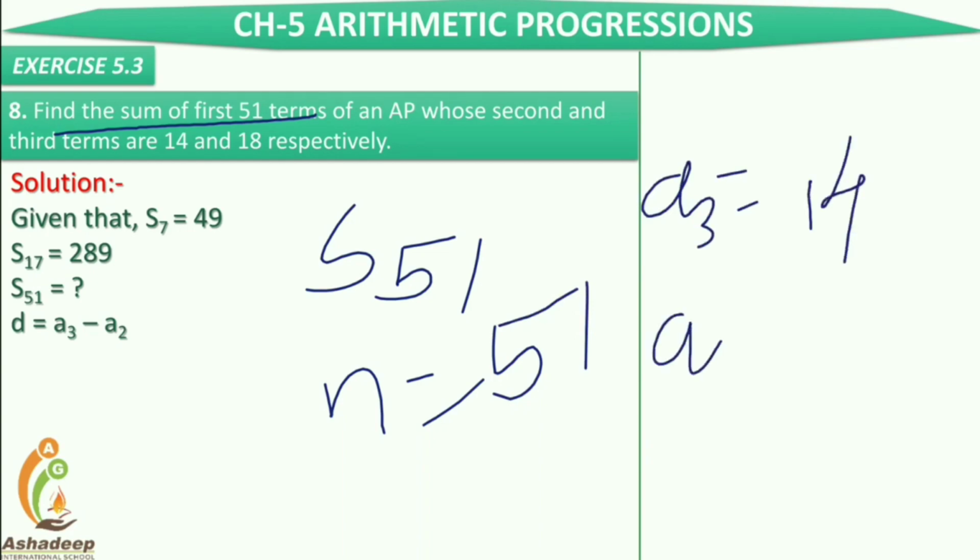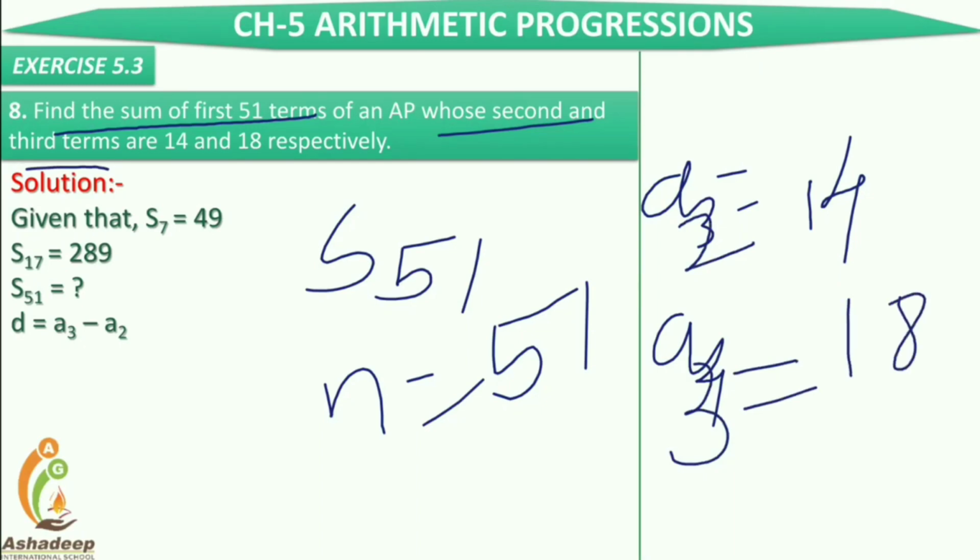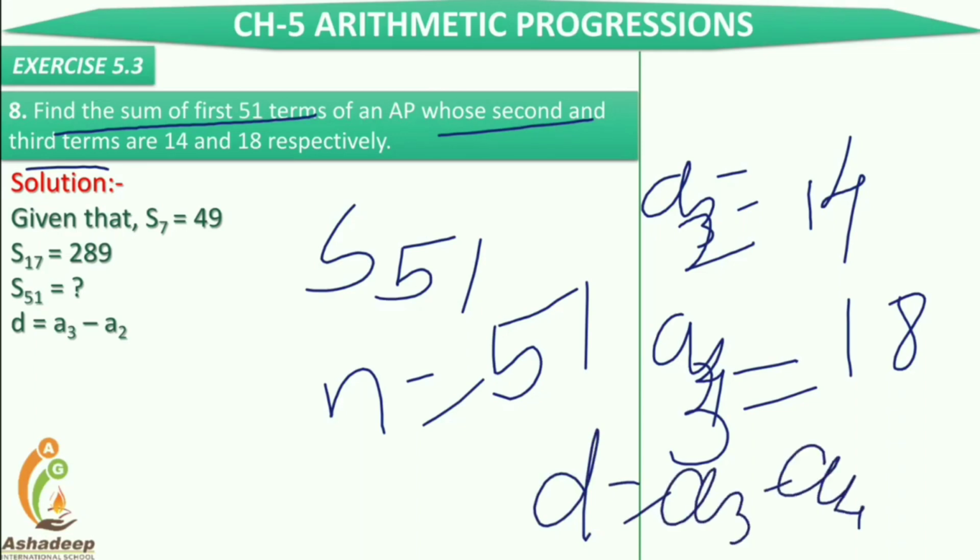14. Now A4, right? The second term and the third term are respectively 14 and 18, right? So now what we can consider here is d is equal to A4 minus A3.